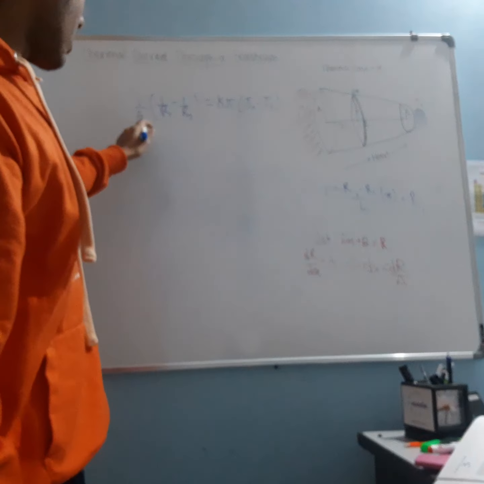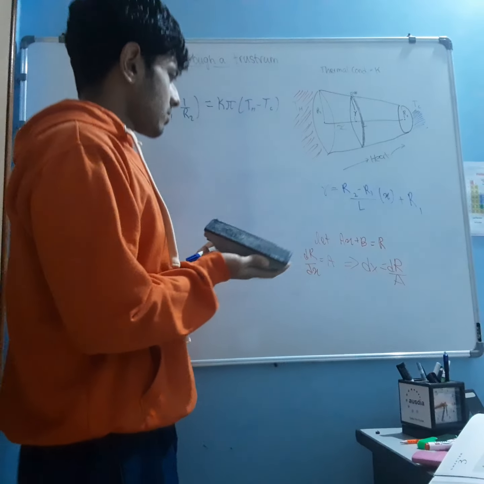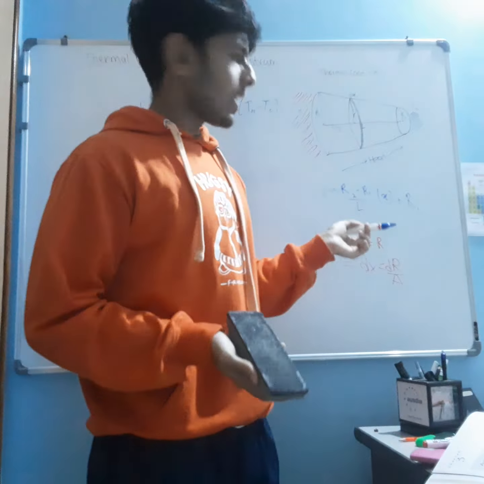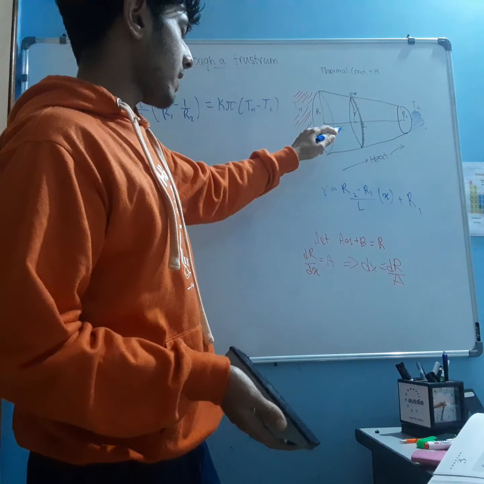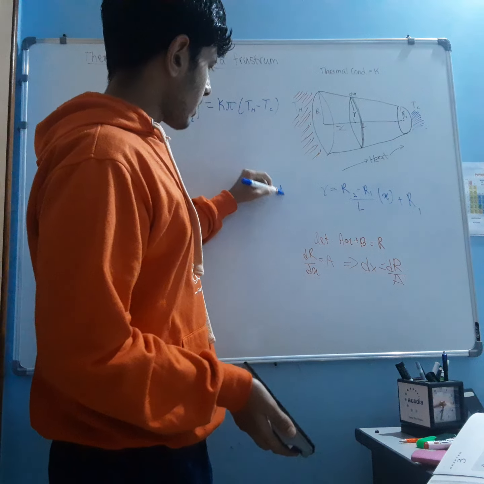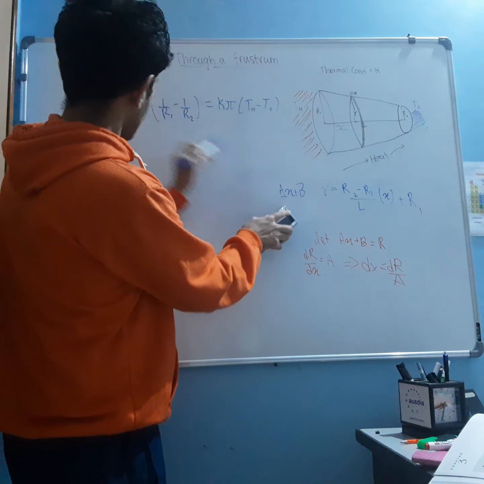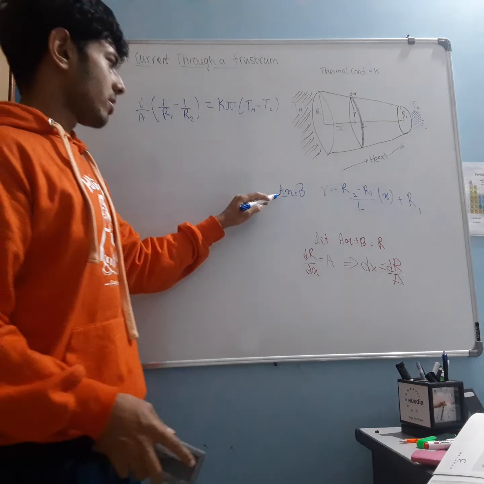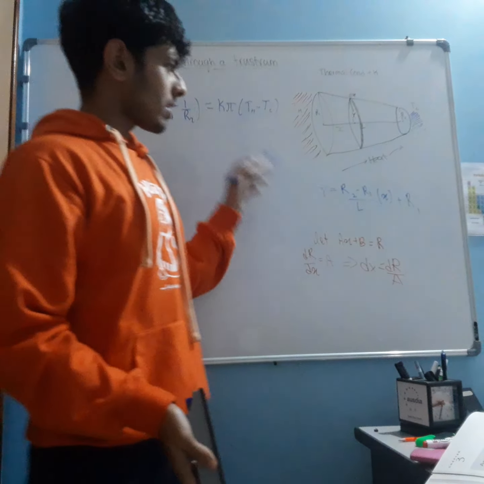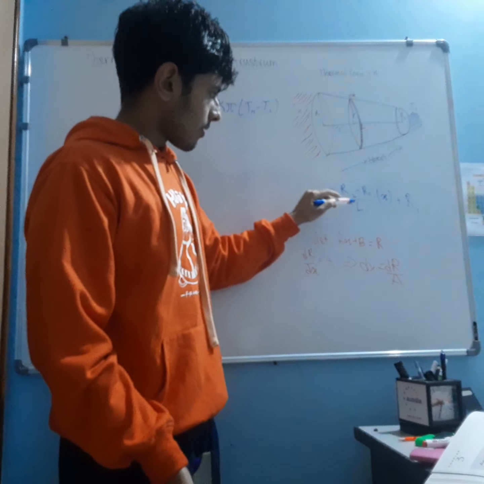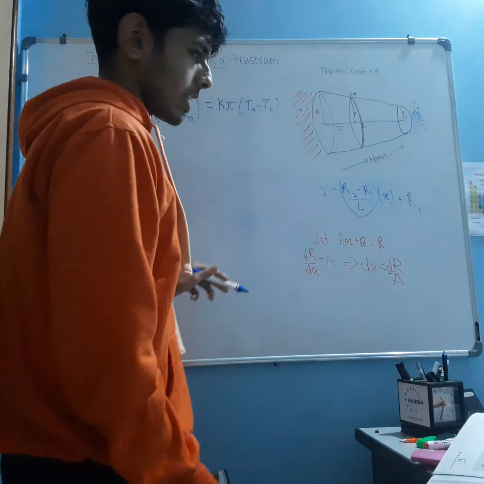It's important to not confuse this a with area. When I was finding the relation between the radius and x, I wrote this as ax plus b, and the a that I've used here denotes that a and not area. If you compare that equation and this, we can see that a is (r2 minus r1) over l.